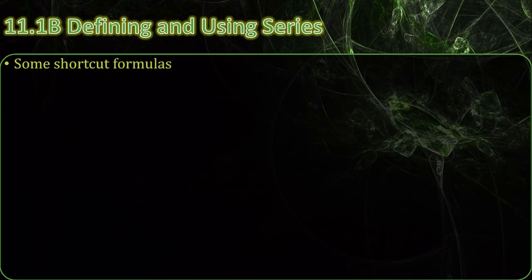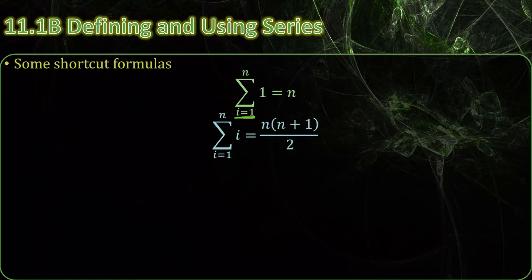So you ask, are there any shortcuts? Well, of course there's some shortcuts. Notice for each of these, the index starts at 1 and we're going to n. So here, we're just adding 1. So it'll be 1 plus 1 plus 1 plus 1 plus 1 plus 1 n times. So it's just 1 times n.